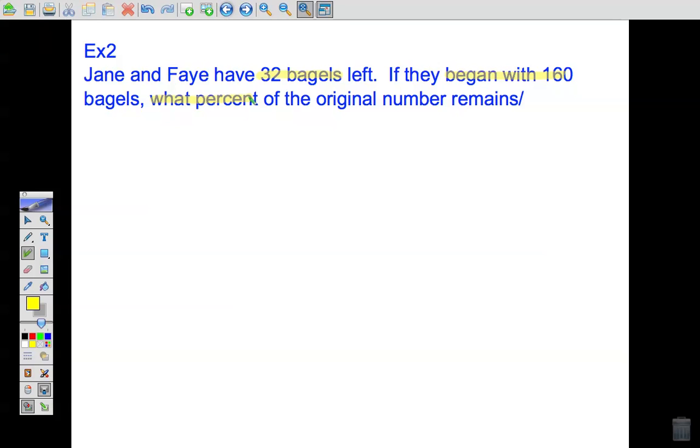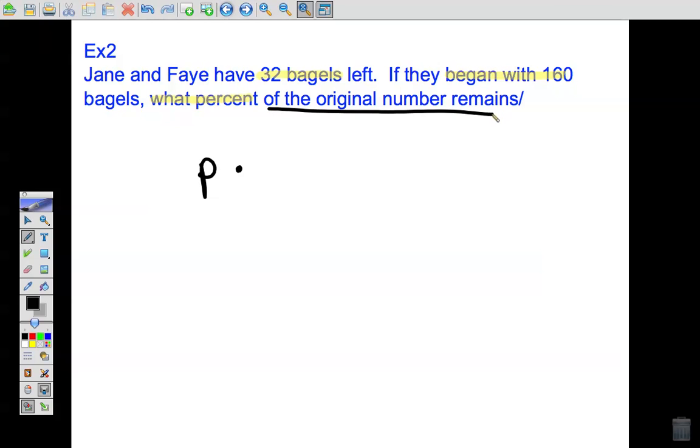So how many remain? Well, 32 remain, right? So what percent, and these are very similar to our "of what" problems. What percent of, now what's the original number of bagels? Because it's asking what percent of the original number remains.